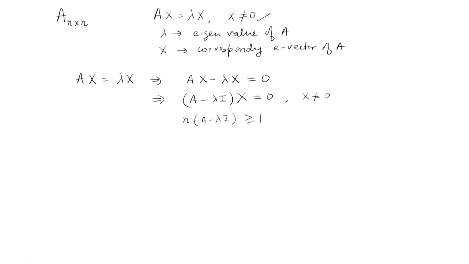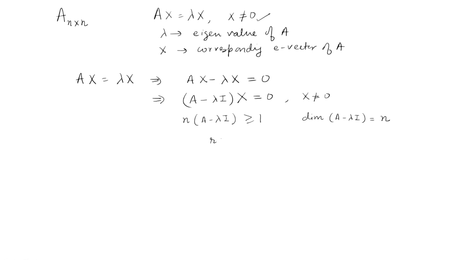Okay. Because x is not equal to 0, this means nullity is not 0, and nullity is not 0 means it is greater than or equal to 1. Now what is the dimension of A minus lambda I? Of course the dimension of A minus lambda I is n.